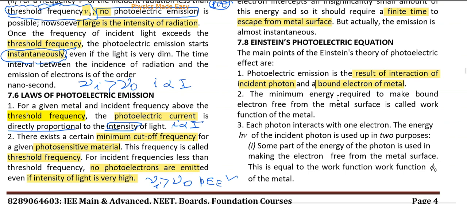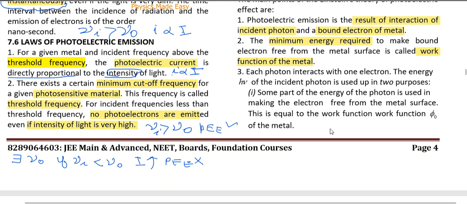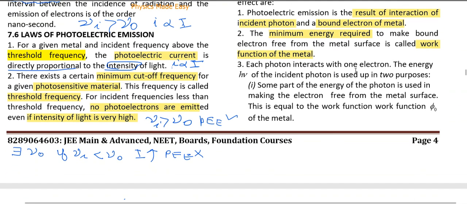The minimum energy required to make a bound electron free from the metal surface is called work function. So we have explained the work function of metal. So this is the minimum energy required. Each photon interacts with one electron. This is a one-to-one interaction.